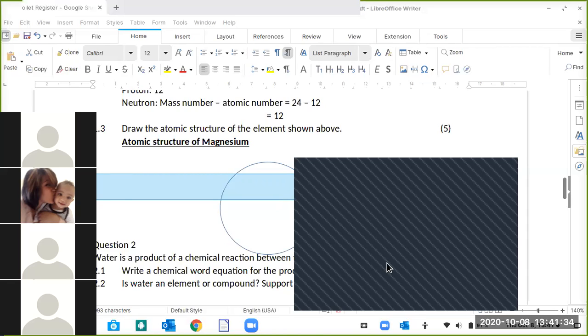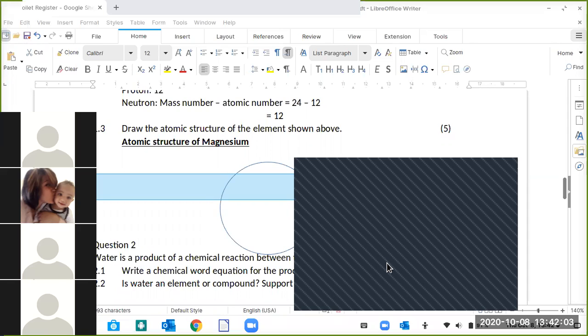So if you check on question number 1.1.4, we have already calculated the number of electrons, the number of protons, and number of neutrons. So you must make sure that you draw those protons and neutrons in the central part of the atom. I think we are clear there.